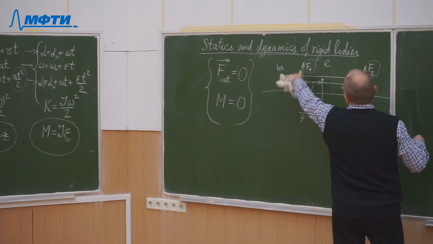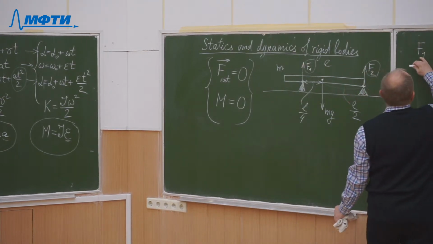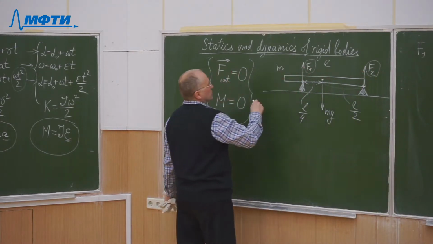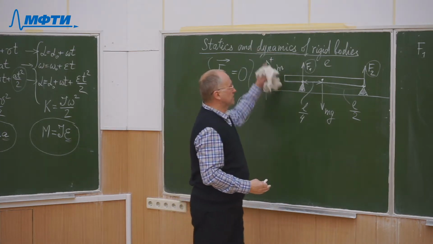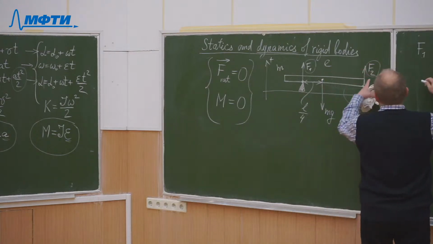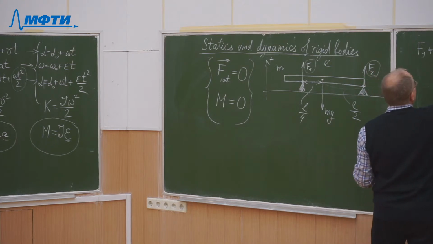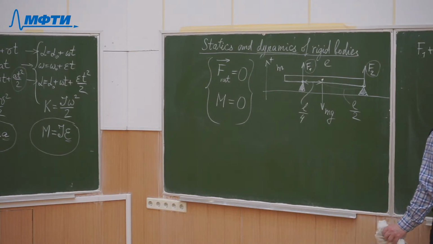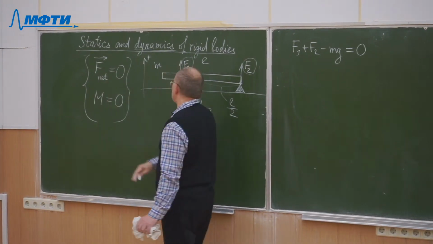So the force F1, if it's positive, we may choose it positive or negative, whatever, because it's your choice where to direct the axis showing positive directions. So if F1 is positive, then F2 is also positive, and mg will be negative. That will be the total sum of all forces acting on the bar, and it must be 0 because this is the condition for static equilibrium.